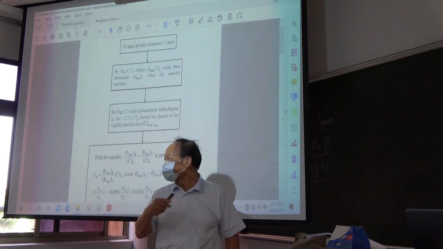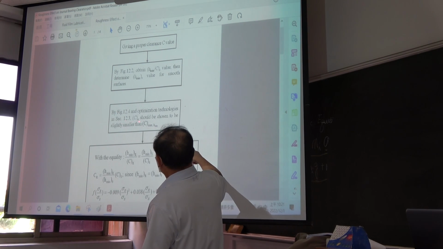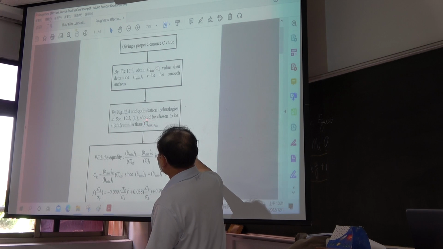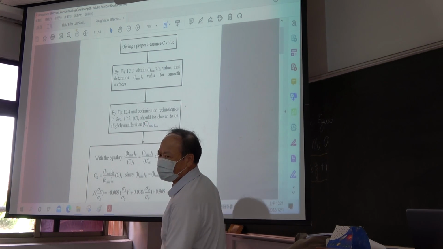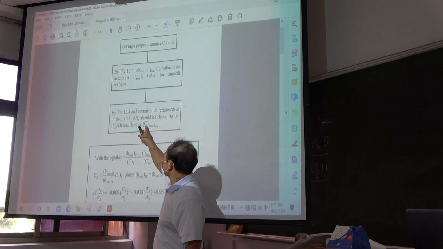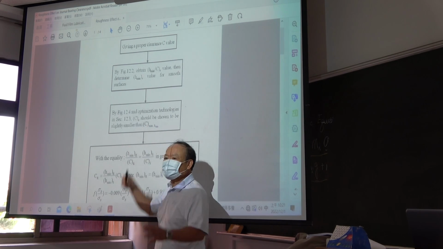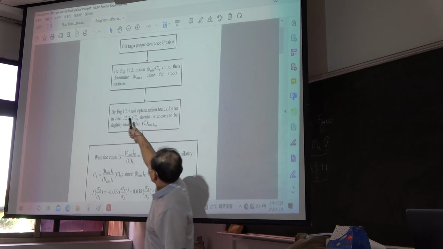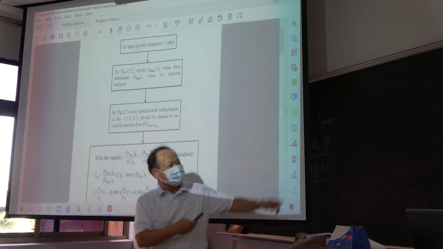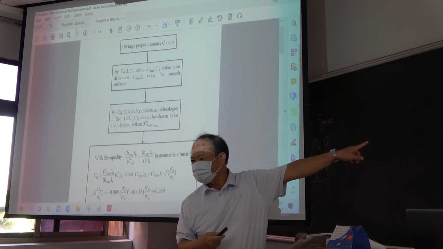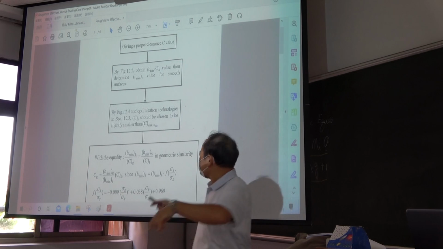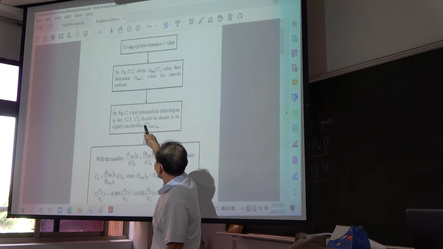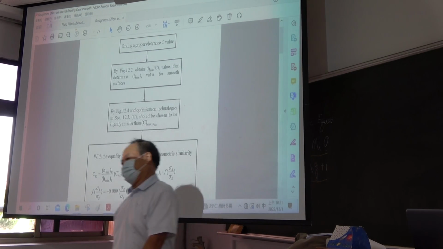If you have this, then you can determine C maxima for this value. OK, 这个最好的设计就是这个。All right, 这个是 based on this figure and then this figure. OK, combine together to determine your C value for your design.